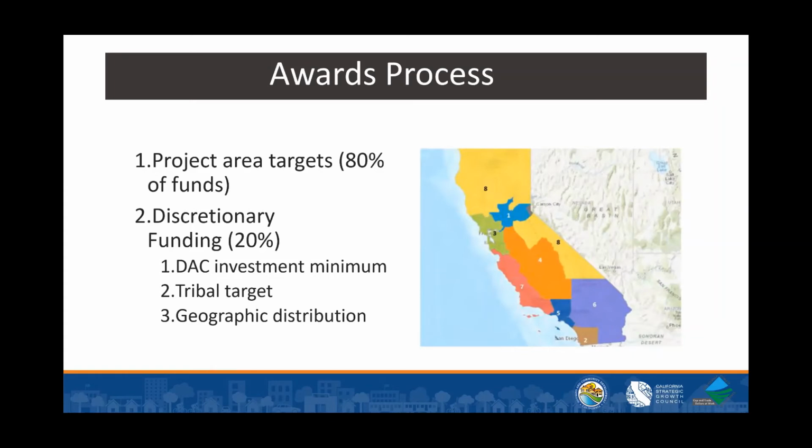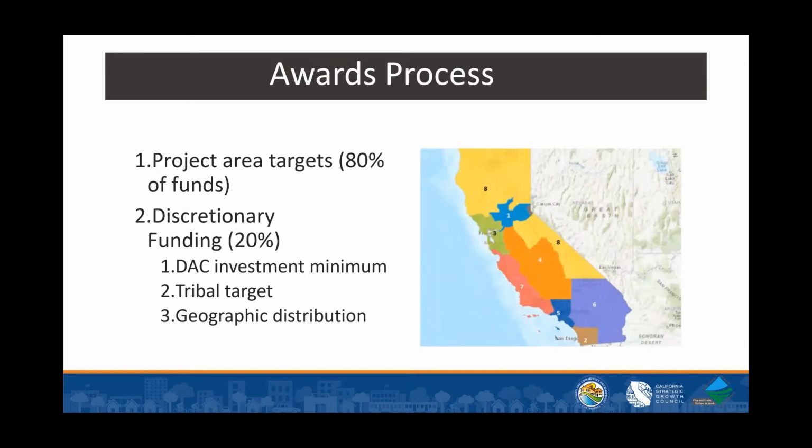Only after those targets are met do we get into the remaining 20%, also referred to as discretionary funds. New to this round is a more explicit statement of objectives for use of these remaining 20% funds. These changes would result in the following process for awarding funds.